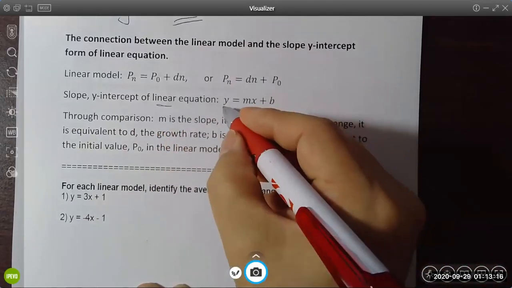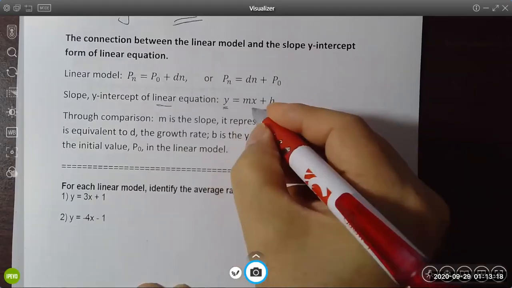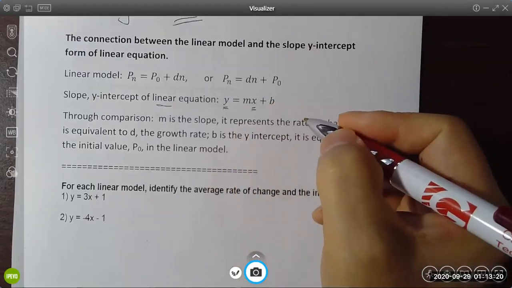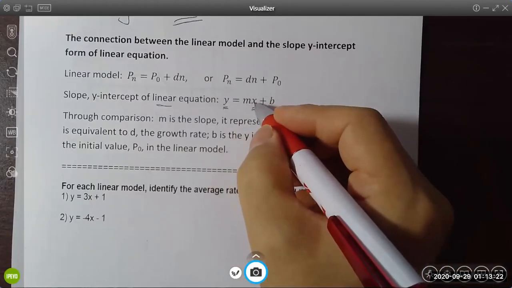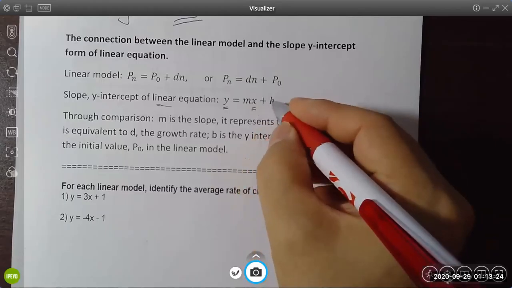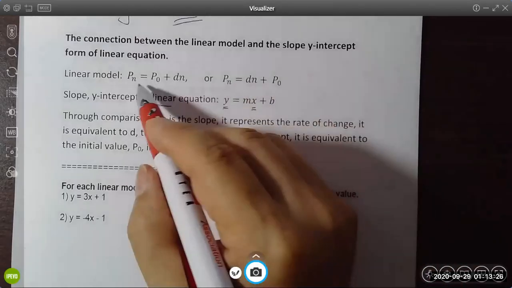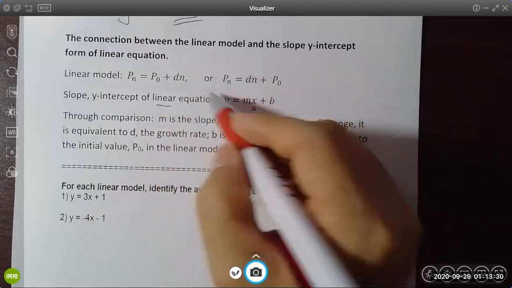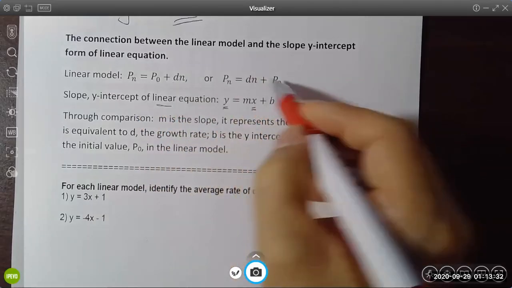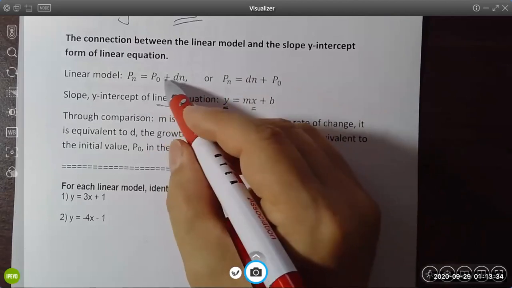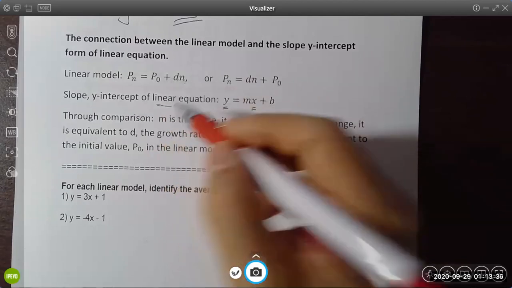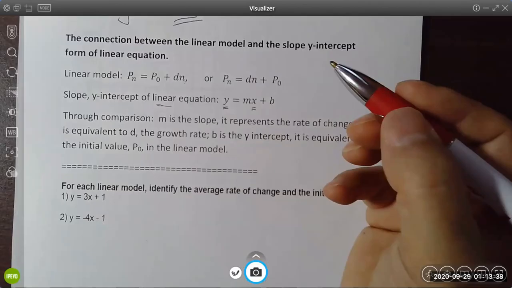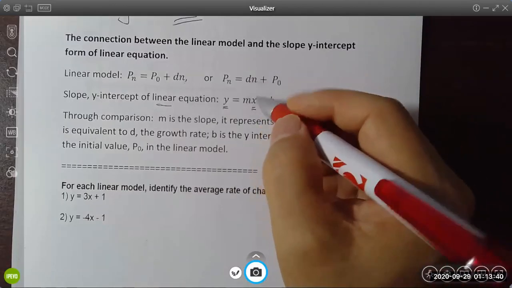So you have one variable on one side, the other variable on the other side. You have a number in front of the other variable, and you have a constant number. Now, if we look at our linear model, Pn equals P0 plus Dn, you can write Pn equals Dn plus P0 and just switch these two. It doesn't make any difference in addition if you switch them, because 1 plus 2 equals 2 plus 1, right? So that you can easily compare.